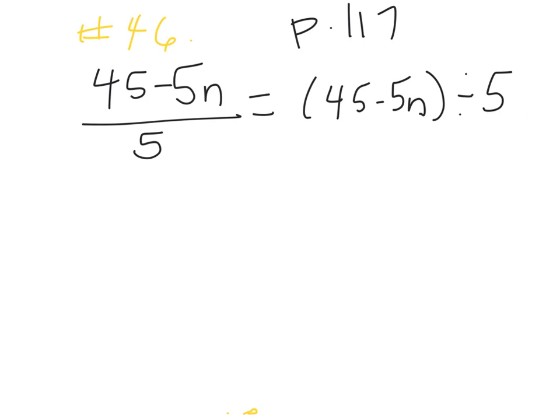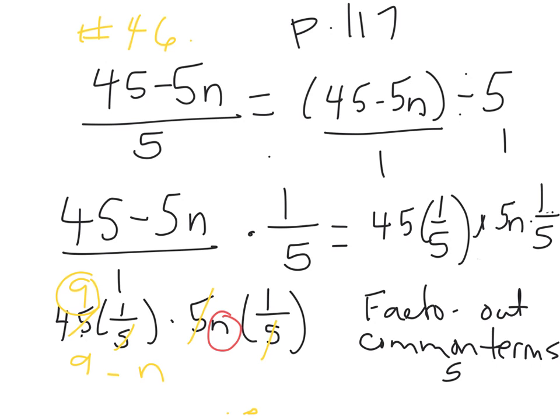The next step is this: we had the 45 minus 5n, and then I rewrote it over here and showed you the reciprocal.